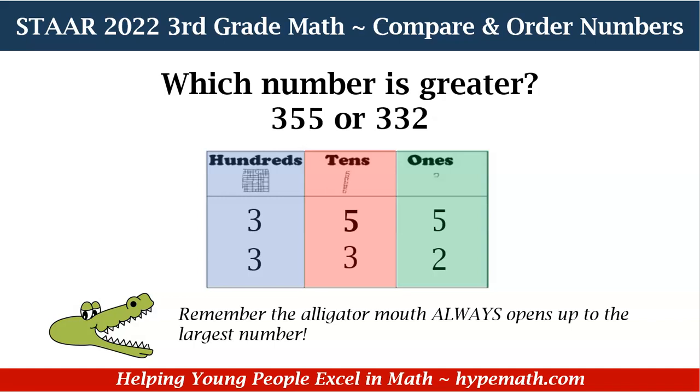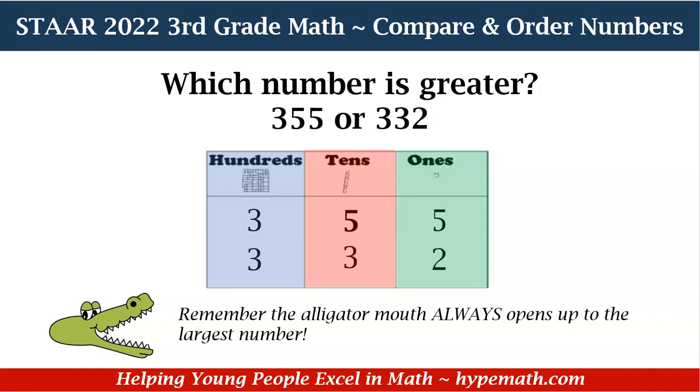So looking at the hundreds place, we see that both numbers have a 3. So what do we need to do? We need to move to the next place value to the right, which is the tens place, so that we can compare the numbers. Are our numbers different? Yes, they are. There is a 5 in the tens place and also a 3.